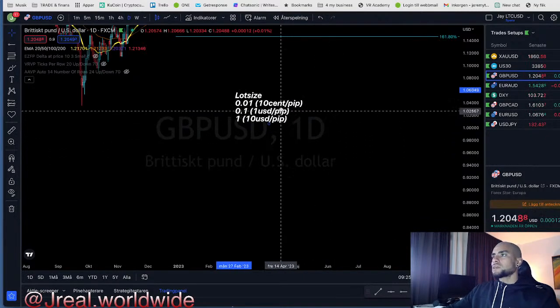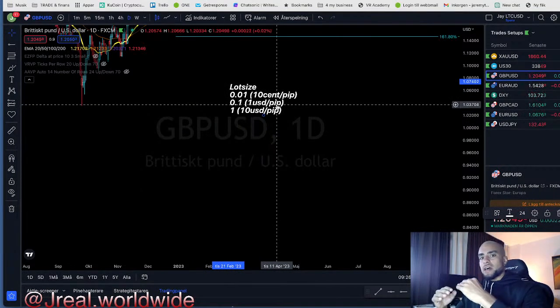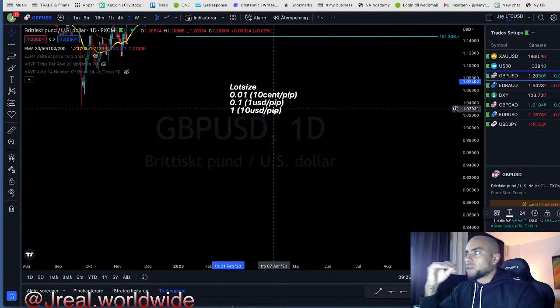Okay, so to repeat, pips is the steps that the market is moving, and lot size is how much you invest in each and every step. If you are brand new to this and you're trading a live account, and let's say you have 100 US dollars on your trading account, if you have 100 US dollars or less, you use minimum lot size, micro lot size, which is 0.01.